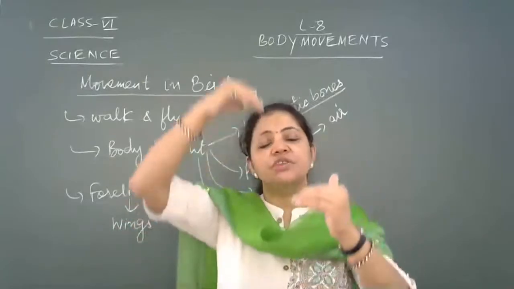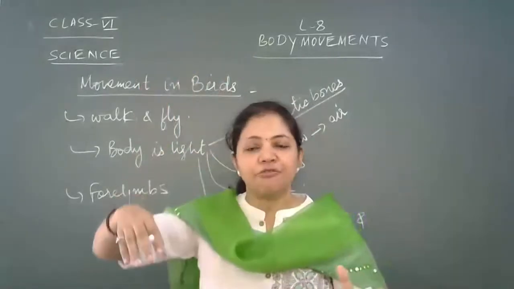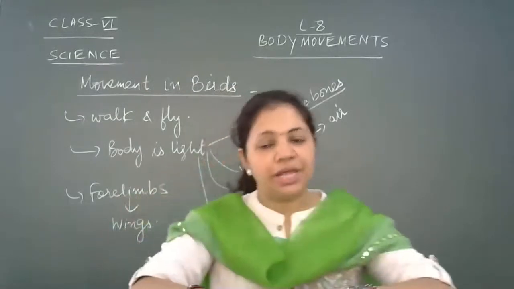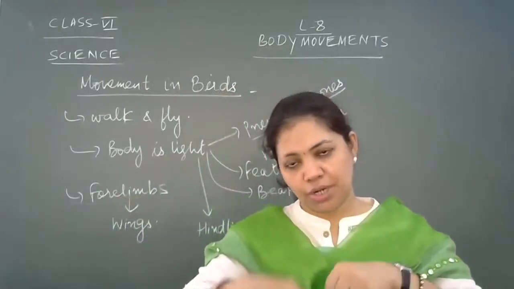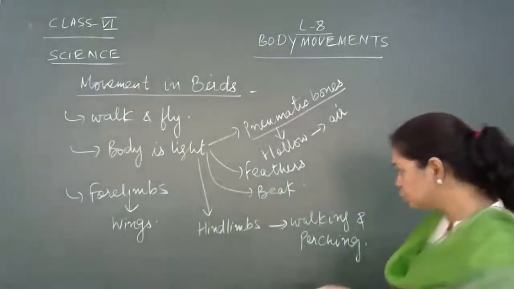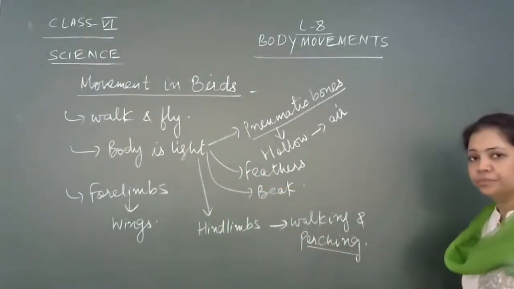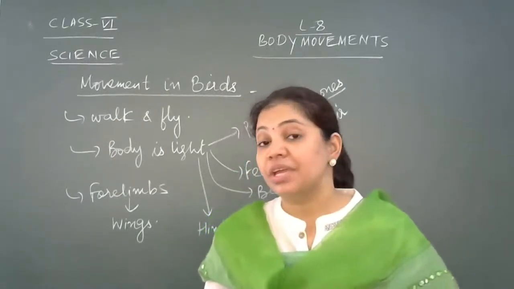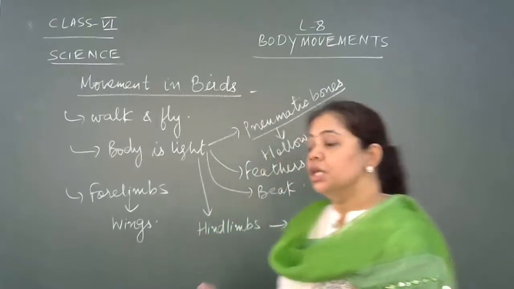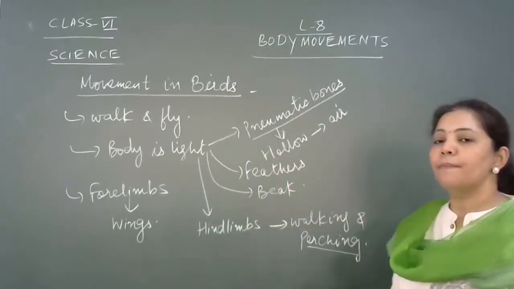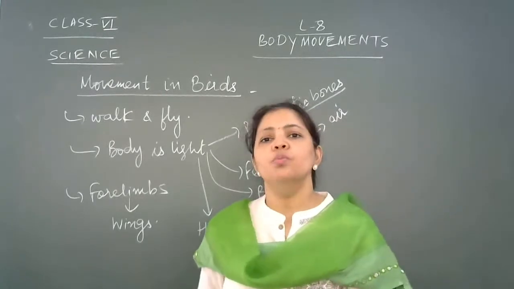If they are sitting at a good height on a narrow surface, then with the help of these hind limbs they can successfully grab that narrow surface and stay safe. So that is the word perching. They can grab things even with their hind limbs, but we cannot. Right? So these are certain important features which help a bird to fly.